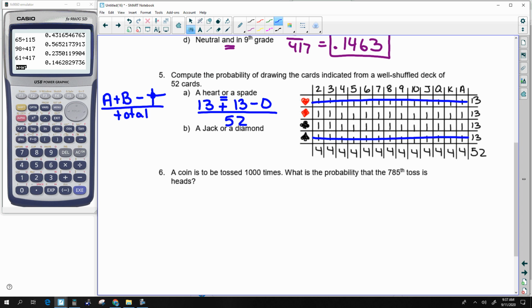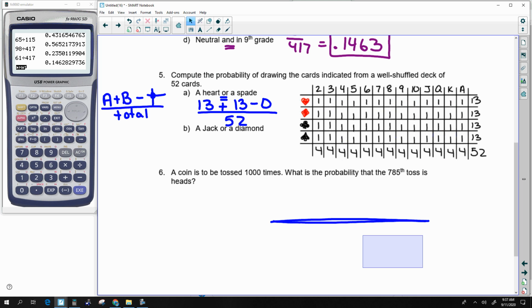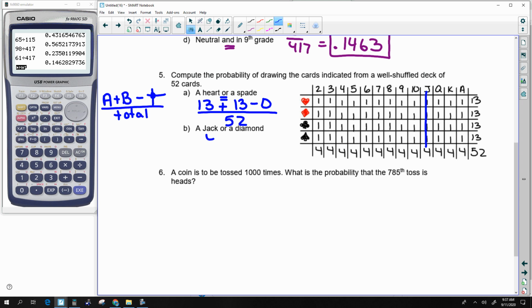I'll come back to that one. Next, we have a jack or a diamond. Subtract any intersections out of the total.